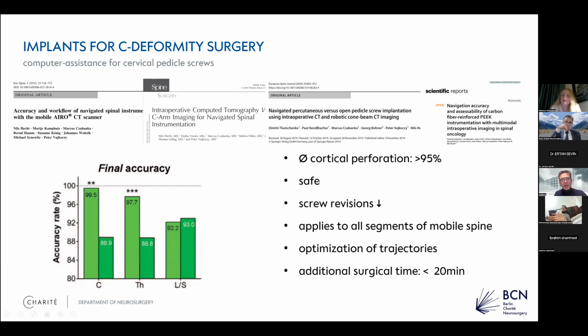This has made placement of pedicle screws way safer. With some experience, you have to revise less. You can apply it to all the segments of the mobile spine, and it really is only 20 minutes more, but it really pays back to place pedicle screws in all of the segments and make pedicle screws your new standard.